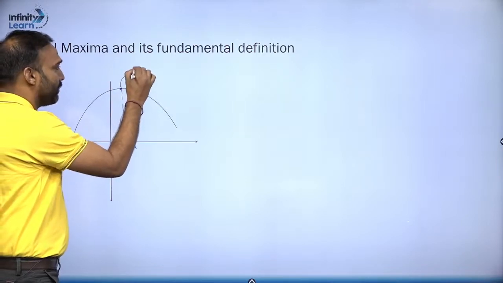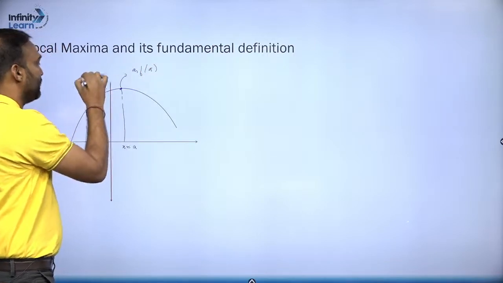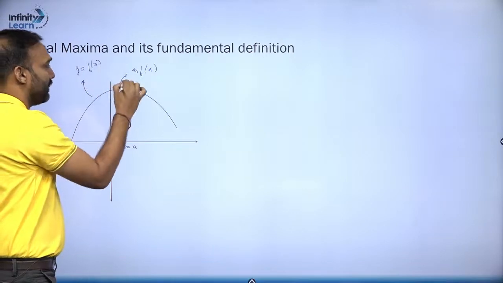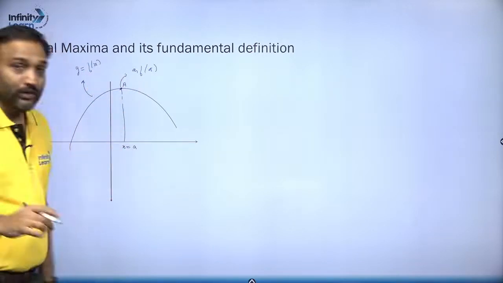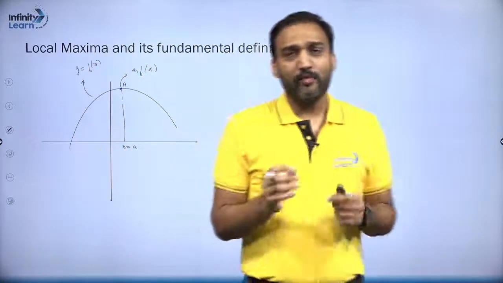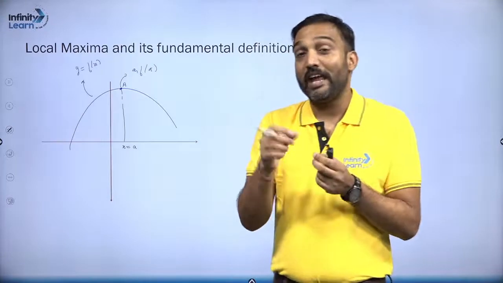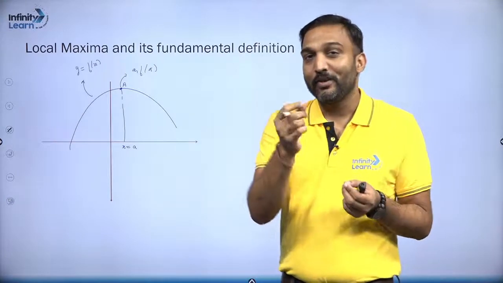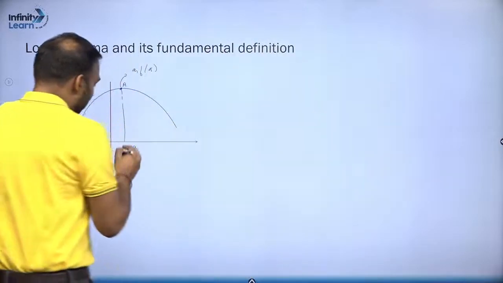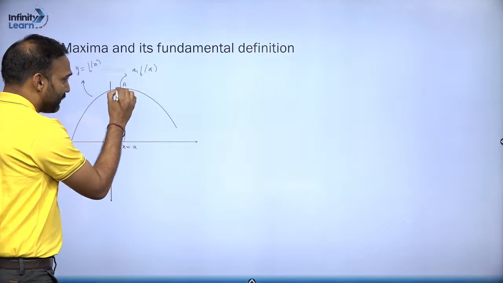If the function is y equal to f(x), then I can call this point A, and its coordinates would be given by (A, f(A)). Now if you observe the neighborhood of A, meaning the vicinity, A plus h and A minus h, where h tends to 0, in the vicinity of A there is a point over here and a point over here.